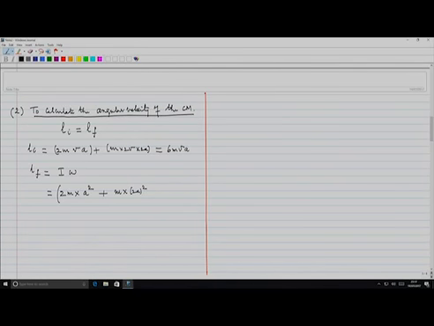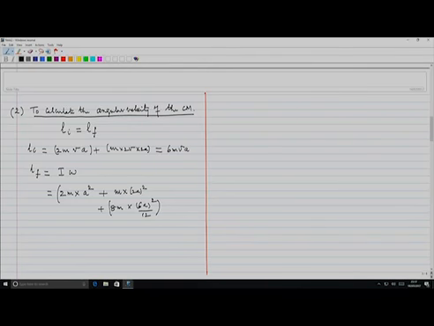I am calculating all this with respect to the center of mass, plus 8m into 6a squared by 12.